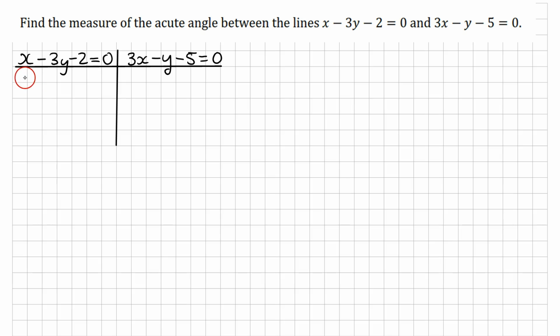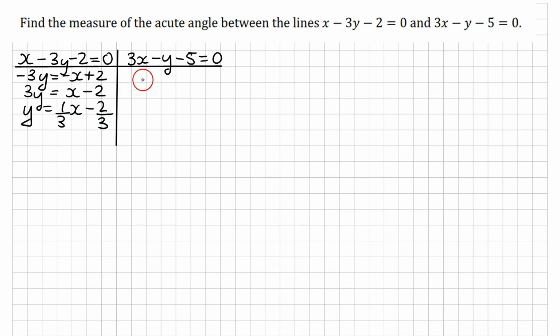Okay, so all I need to do is isolate y. So minus 3y is equal to minus x plus 2. So 3y is equal to x minus 2. So y is equal to 1/3 x minus 2 over 3.